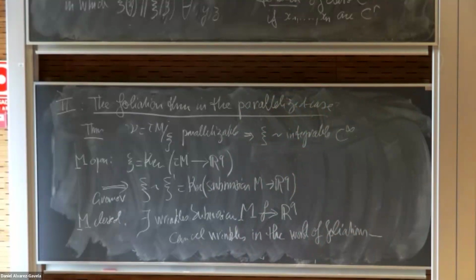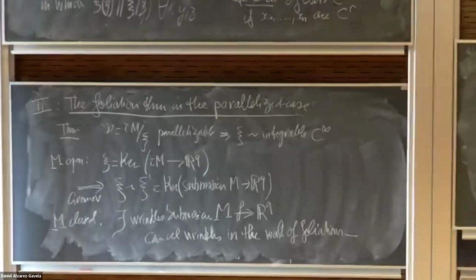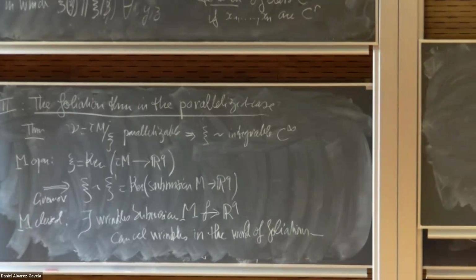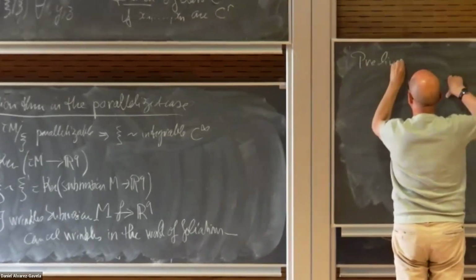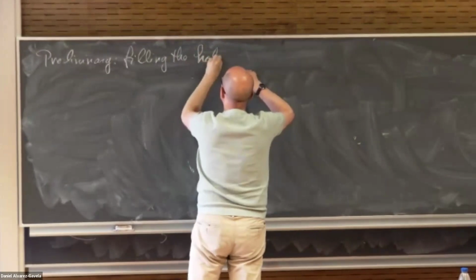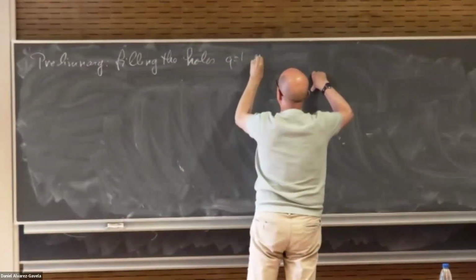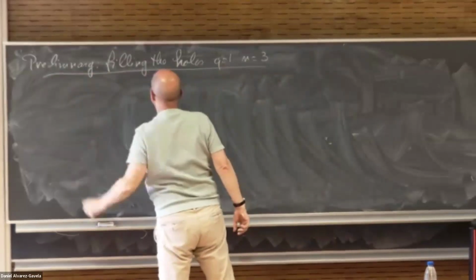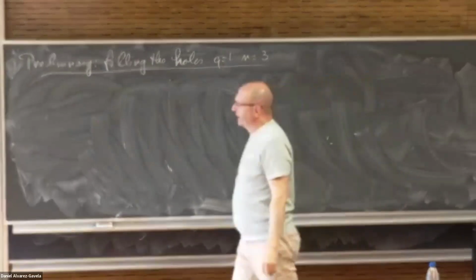It's purely geometrical constructions, and I will make some preliminaries on filling the holes for foliations of dimension 2 on 3-manifolds. So what do we mean by a hole in general?